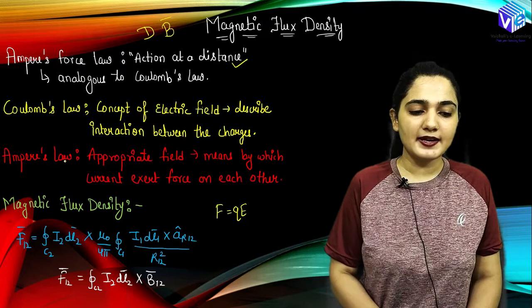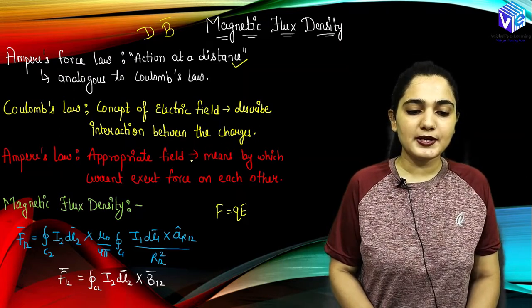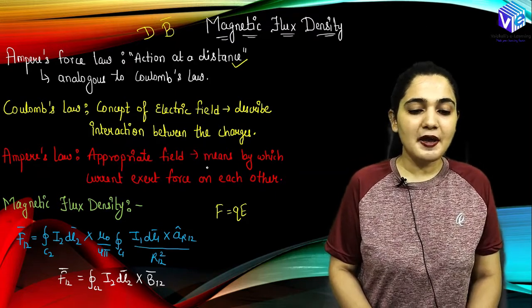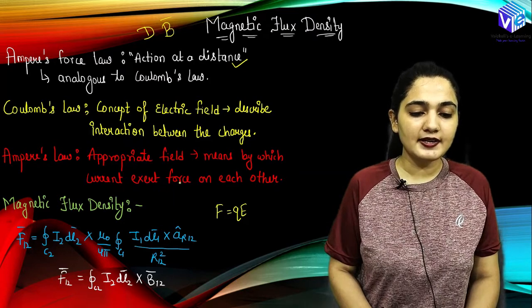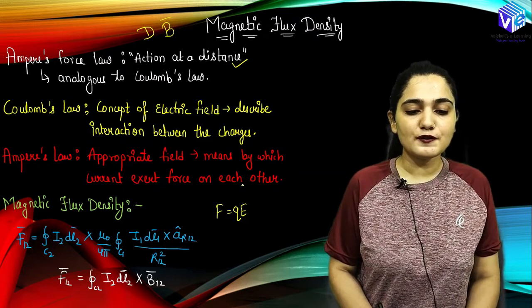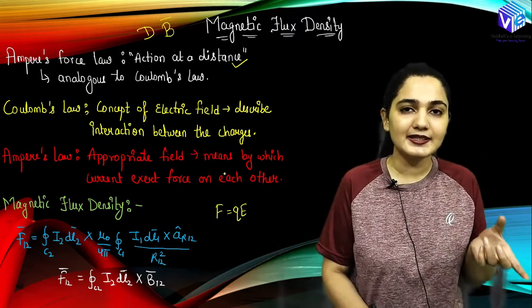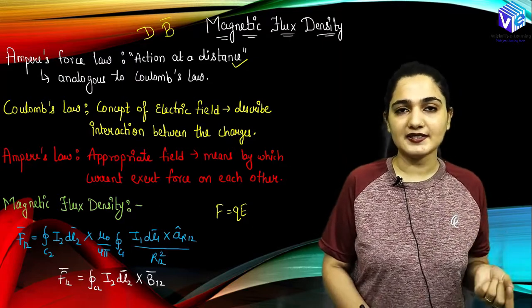In a similar manner, Ampere's law of force is going to give me the appropriate field, which is the magnetic flux density here, by means of which I can find the force that the currents exert on each other. The force exerted by this current I can find with the help of the magnetic flux density.